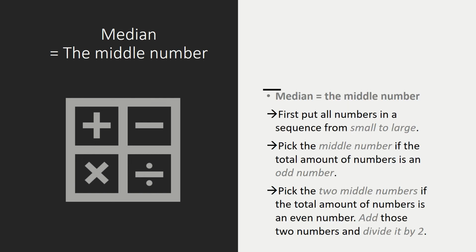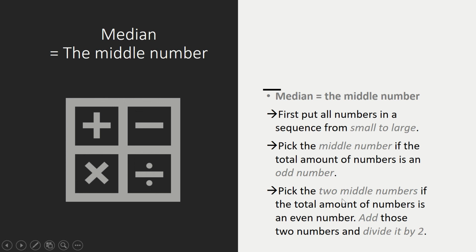Alright, a little bit of a conclusion. The median is a middle number. So you first put all the numbers in a sequence from small to large. Afterwards you pick the middle number if the total amount of numbers is an odd number, so for example 13, 7, 5. If that is the total amount of numbers, that's an odd number.